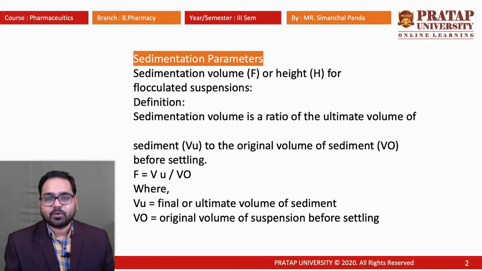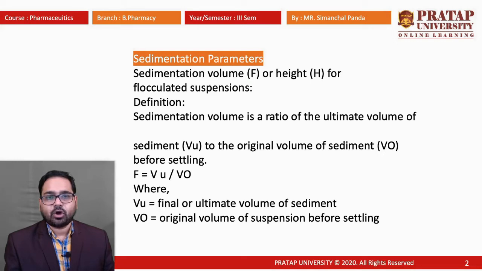There are different types of parameters which we have to study in the suspension. The first one is known as sedimentation volume, denoted by F, or it is also denoted by H. For flocculated suspension, the sedimentation volume is the ratio of the ultimate volume of sediment to the original volume of suspension, denoted by Vu and V0.